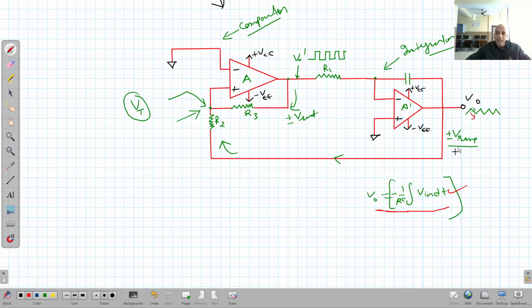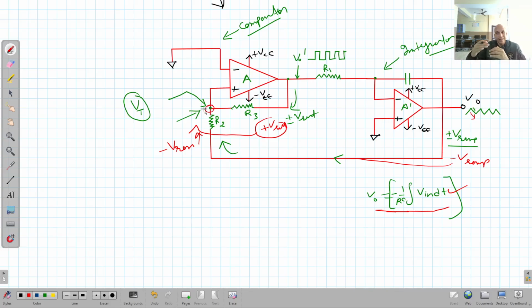Now this negative going ramp, minus V ramp, is applied to this terminal, and this positive saturation voltage, plus V saturation, coming from here, will join together and form the resulting voltage at this point.